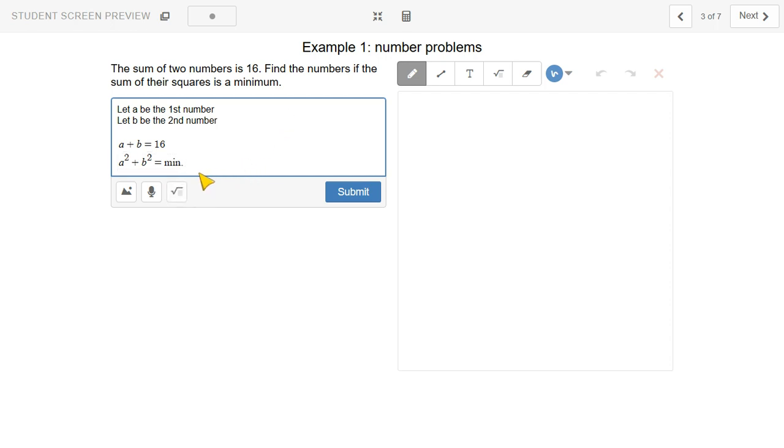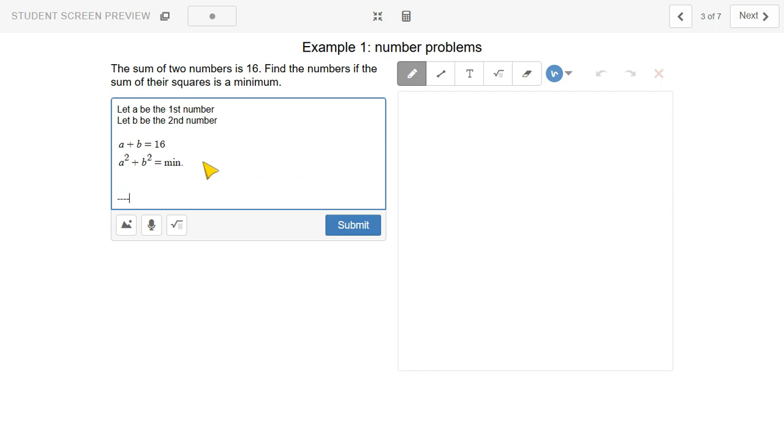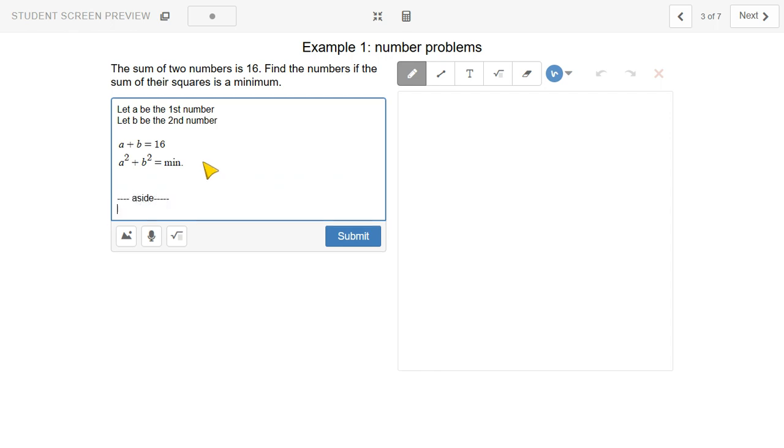So when I say minimum, let me explain it like this. So here's our aside. We know that there's lots of combinations that can add to 16. For example, if I had 1 plus 15, this will equal 16.